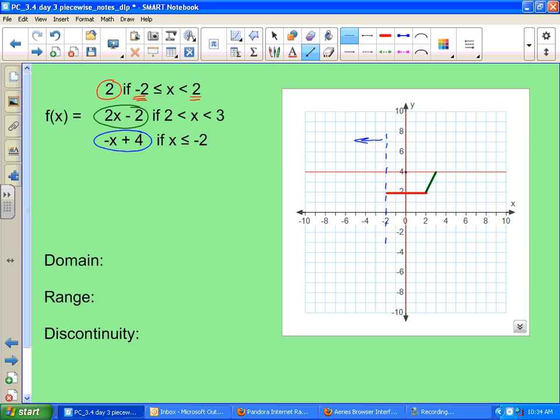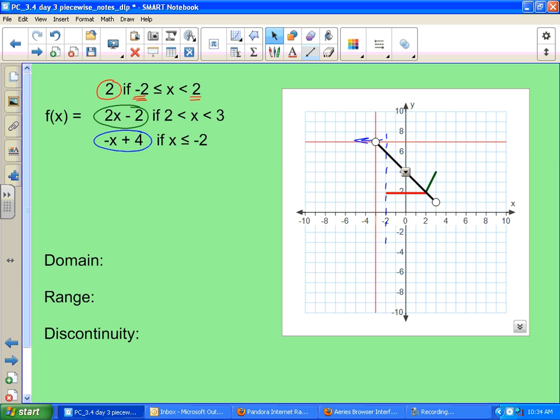Started at 4, go down 1 over 1, down 1 over 1. Or it could have gone up 1, left 1, up 1, left 1. So I'm going to drag it, go up 1, left 1, up 1, left 1, up 1, left 1. And it would look like that.